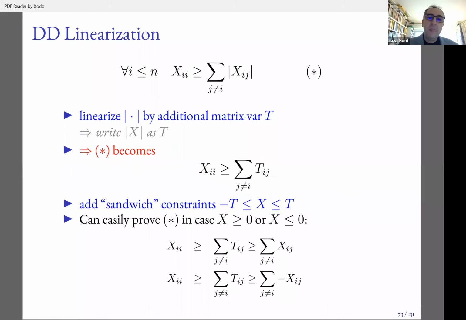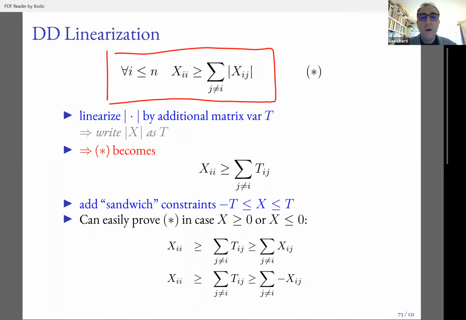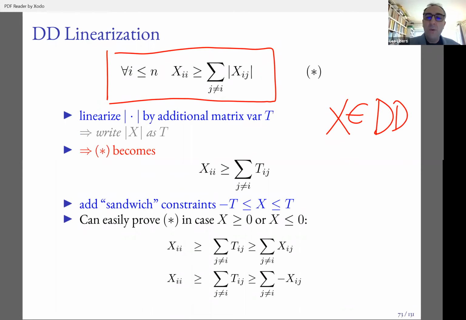All right, so this is the constraint that we need to impose over our LP in order for the LP to be a diagonally dominant programming kind of entity, meaning that if we want to say the matrix of decision variables X is in the set of diagonally dominant matrices, we have to impose this constraint. This constraint is not linear, because of the absolute values here, but it's close enough.